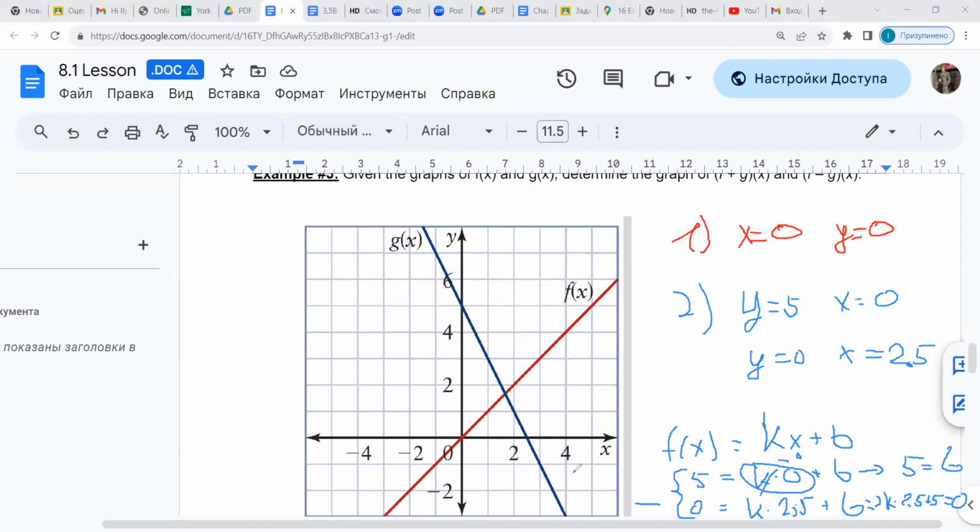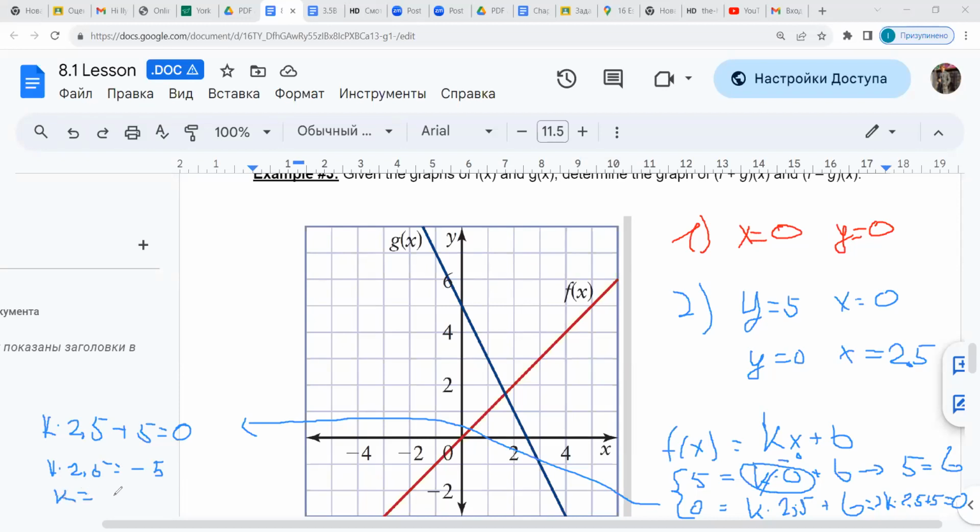Now let me continue my solution here where I have more space. Now I say k times 2.5 plus 5 equals 0. Now I say k times 2.5 equals -5.